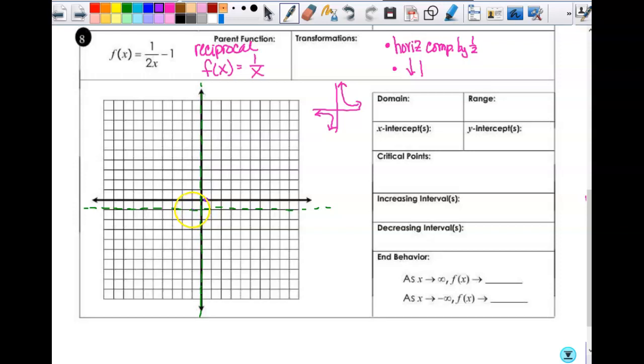All right, so then I'm going to do negative 1, negative 1. I'm going to horizontally compress it by 1/2 and then go down 1. Now, having just 1 point, I can tell pretty much that it's going to be really skinny inside there, and I probably wouldn't have to put any more, but let's talk about where they would be. If I'm using the asymptotes and pretending that's 0, 0, I go up 1 and to the right 1/2.